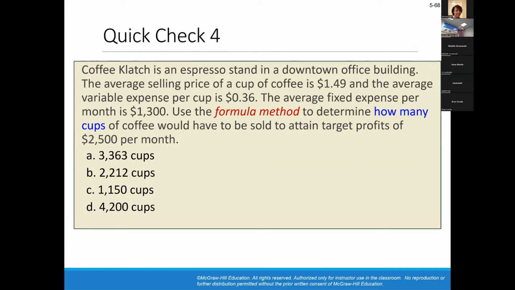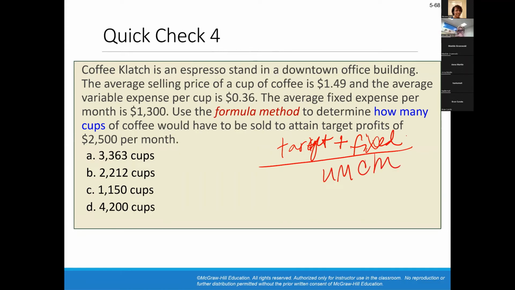If we want to make that, let's calculate that out. We want our target plus the fixed over our unit contribution margin.